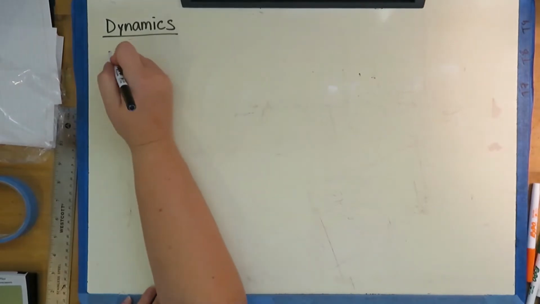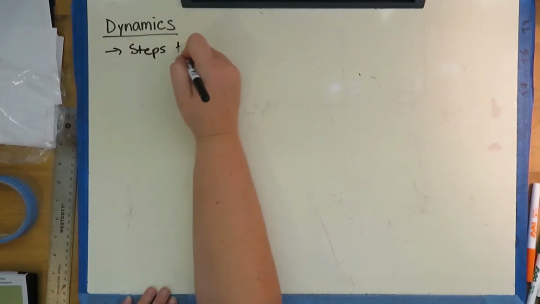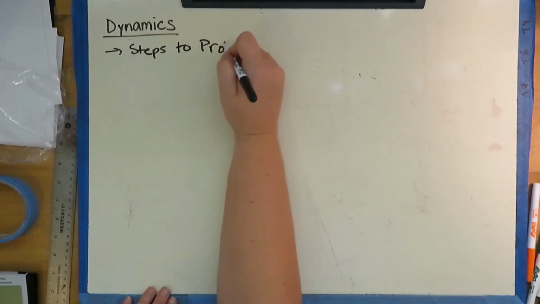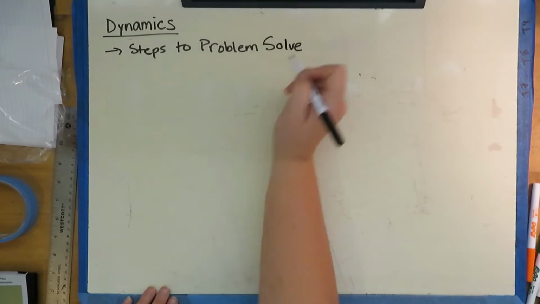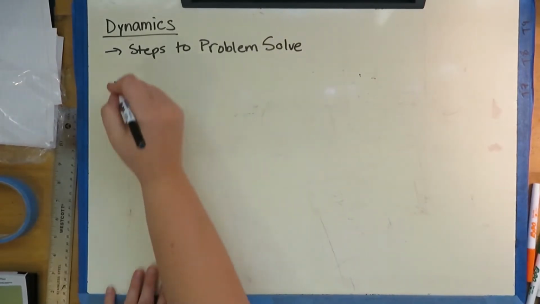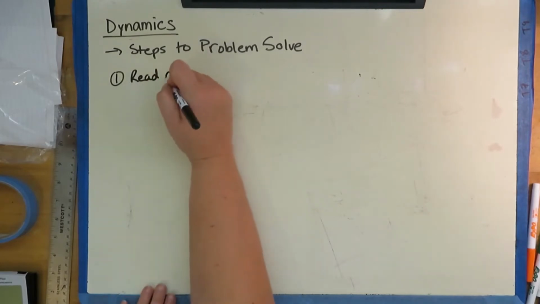Oh, actually, before we do an example, what are the steps that we should take when we're solving these problems? What are our problem solving steps? Well, the first thing you're going to do is, of course, read the question carefully.